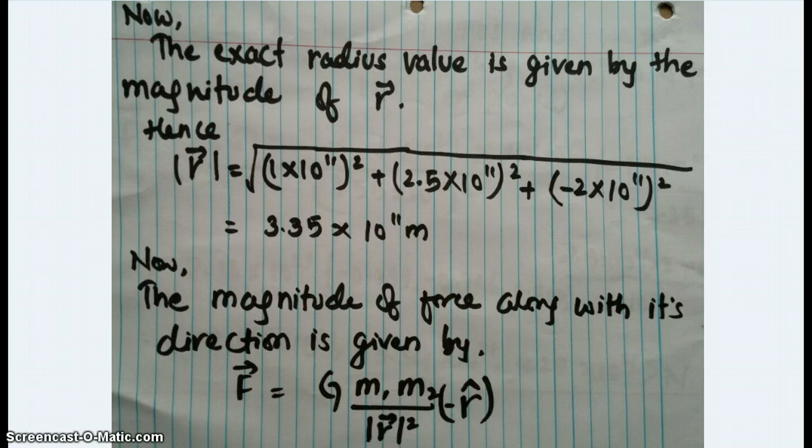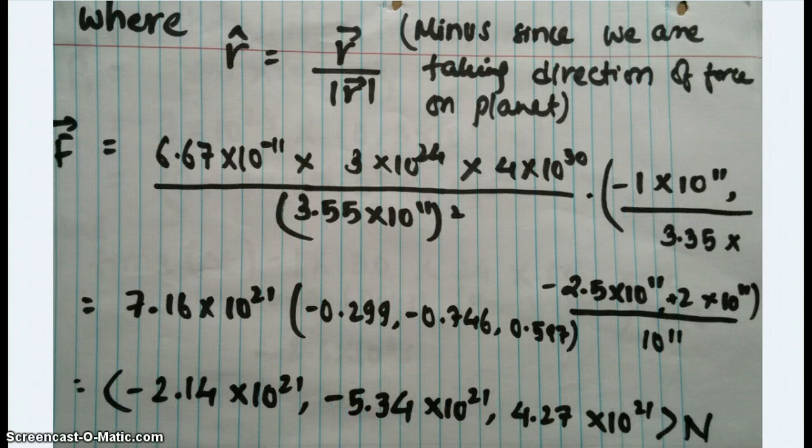We will be discussing why the negative in the next slide. Here r cap means the unit vector of r, the distance, so r cap is equal to the r vector divided by r's magnitude.